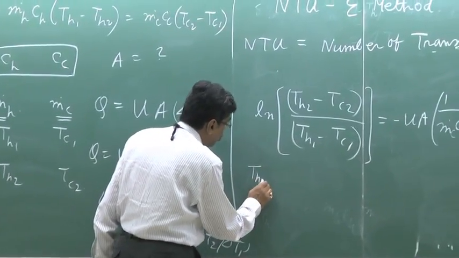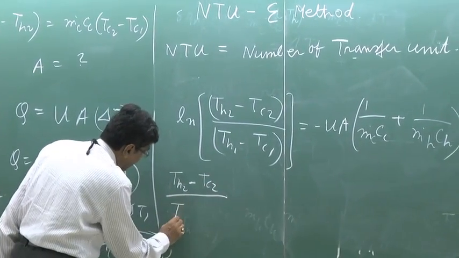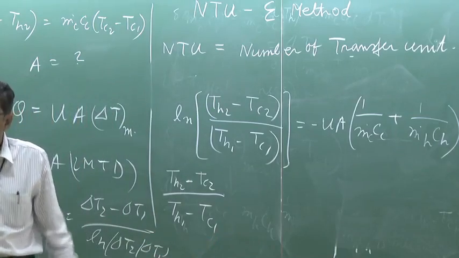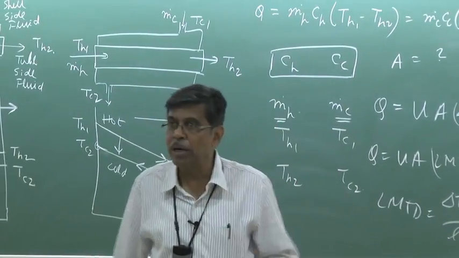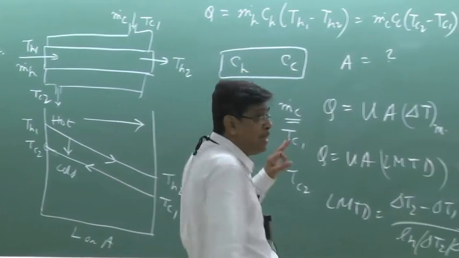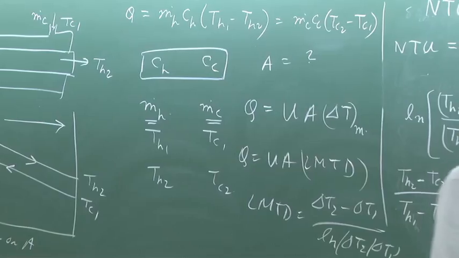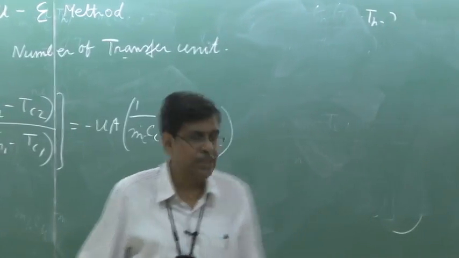Let us write (TH2 minus TC2) divided by (TH1 minus TC1). You just follow. You may not have to take note because it is given in the textbook. Because if you logically follow the deductions, you will be able to deduce for a new condition.